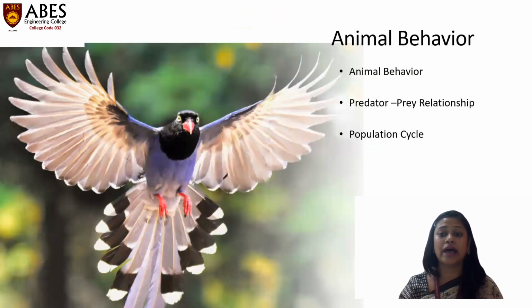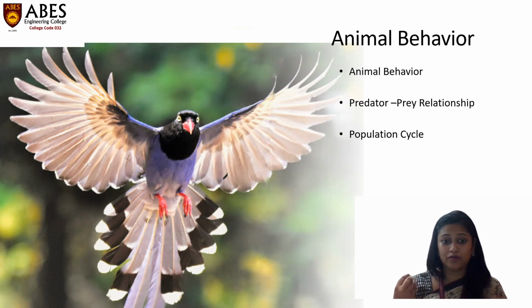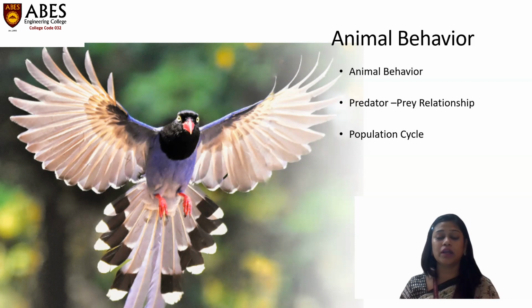The next application is animal behavior. In animal behavior, there is a big domain to discover new features and behaviors of animals and to make them work on the right track. For example, I'm taking one algorithm that comes under soft computing: ant colony optimization. Researchers found that ants find the shortest route from their location to their destination.